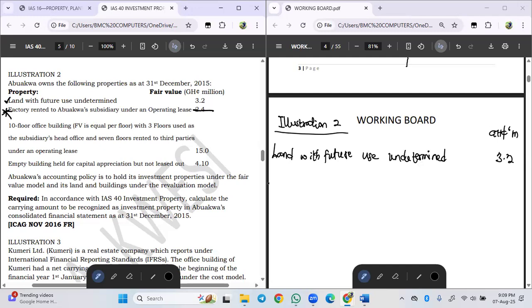The 7 floors rented to third parties. So that one will be 7/10 times the 15 million.